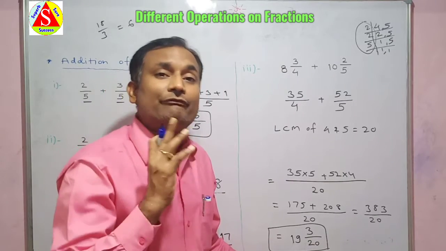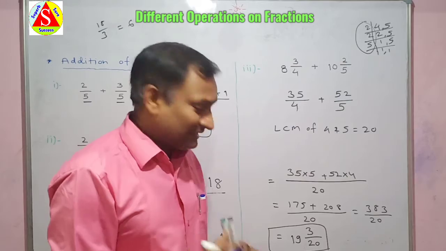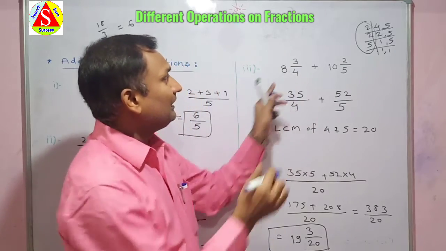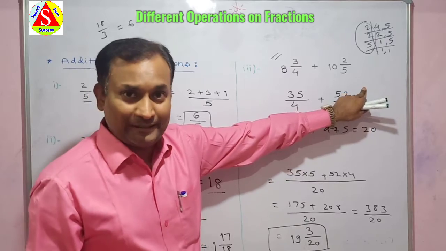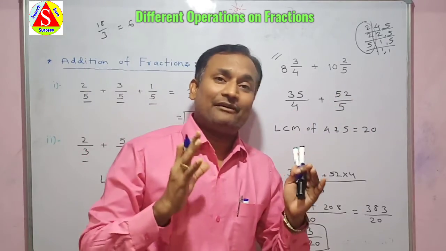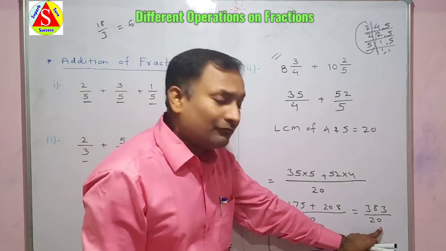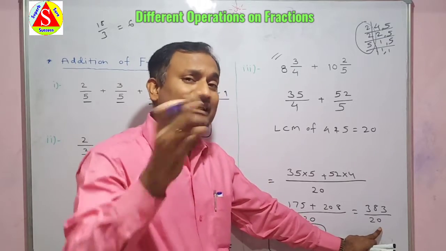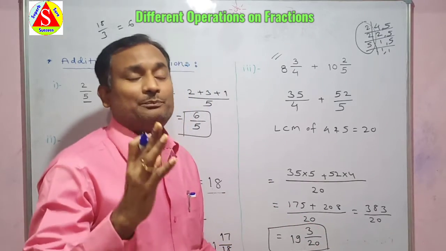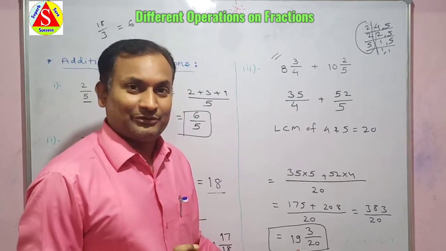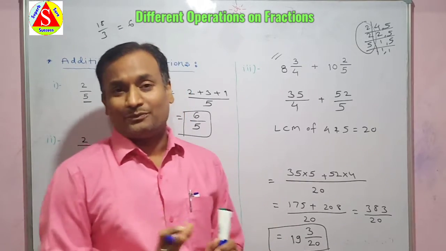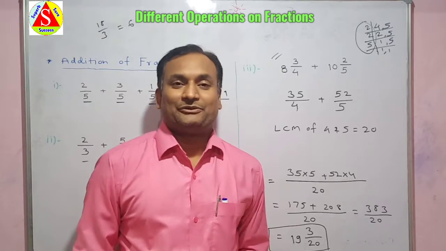So this is our final answer, or we can say this is the addition of the given two terms. Okay, so dear students, if you have any problem converting an improper fraction into a mixed fraction, please watch or refer to my previous video. Okay, so I hope this question will be clear to you.